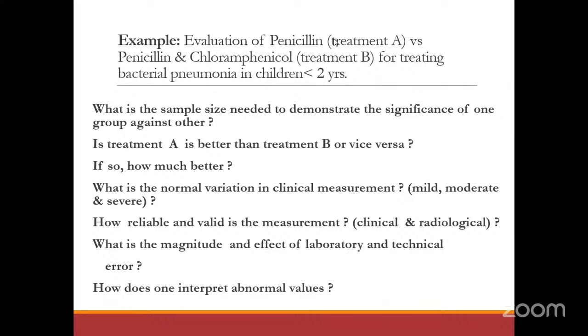What is the sample size needed to study this kind of situation? If treatment A is better than treatment B or vice versa, how much better, which one will work better for which kind of population. So there are different kinds of questions that come into mind.